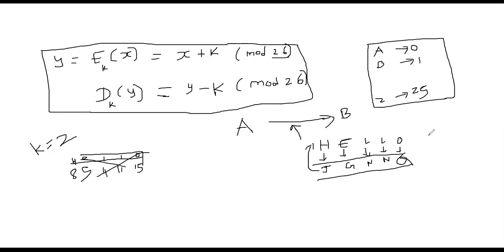All you do is take J, G, N, N, Q and start brute forcing all possible keys. In the case of the Caesar cipher, the key space is only from 0 to 25, which means there are only 26 possibilities. So you can write a little for loop, keep trying the decryption function for all possible K, and see whether you get anything meaningful. Then you say, yeah, I found the text.